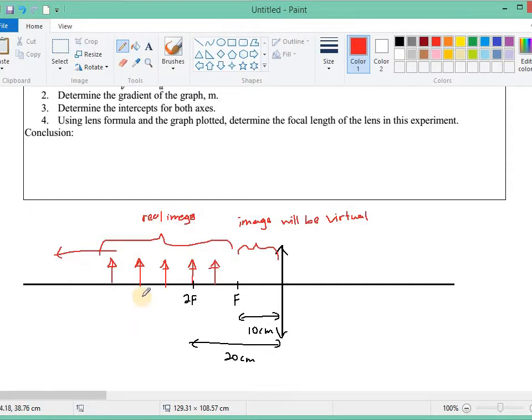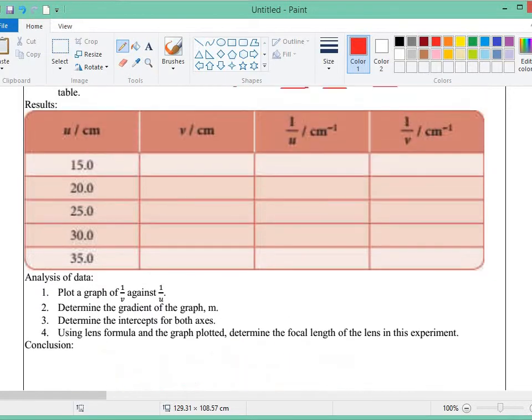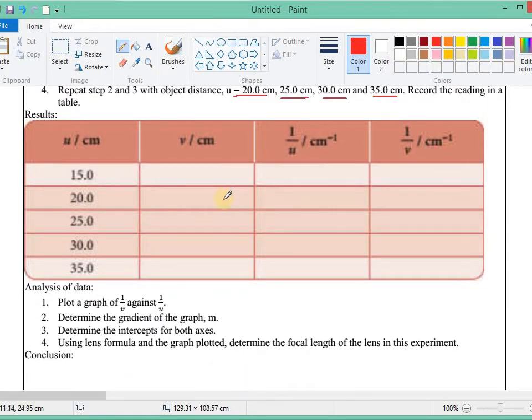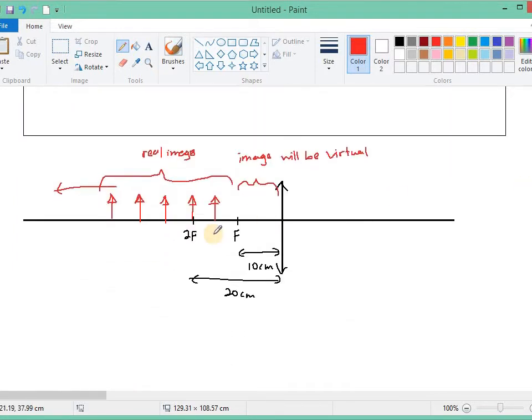So this is what we are going to see. When the image is getting smaller and smaller, the image distance will also become nearer and nearer to the lens.